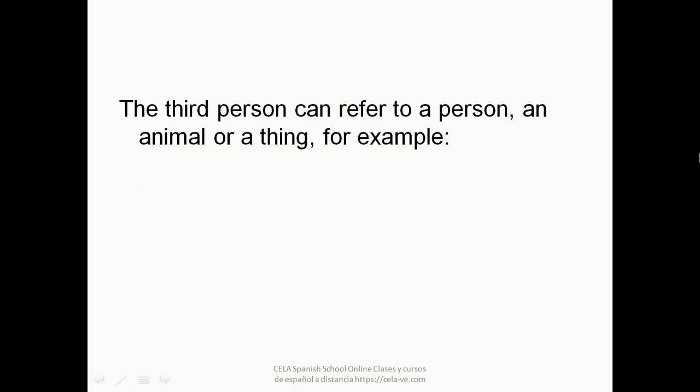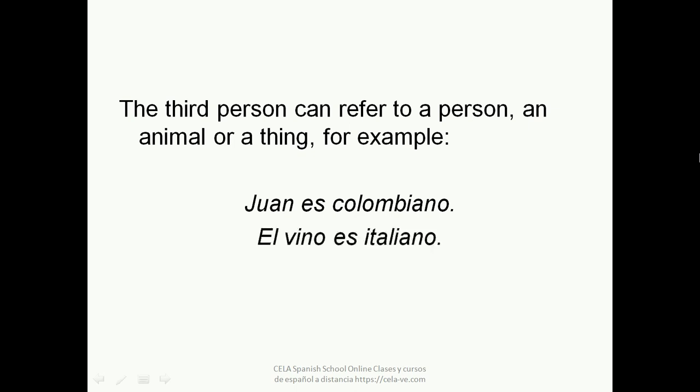As in the third person there are several possibilities, we always have to mention the subject of the sentence. This can be a person, an animal, or a thing. For example, Juan es colombiano. El vino es italiano.